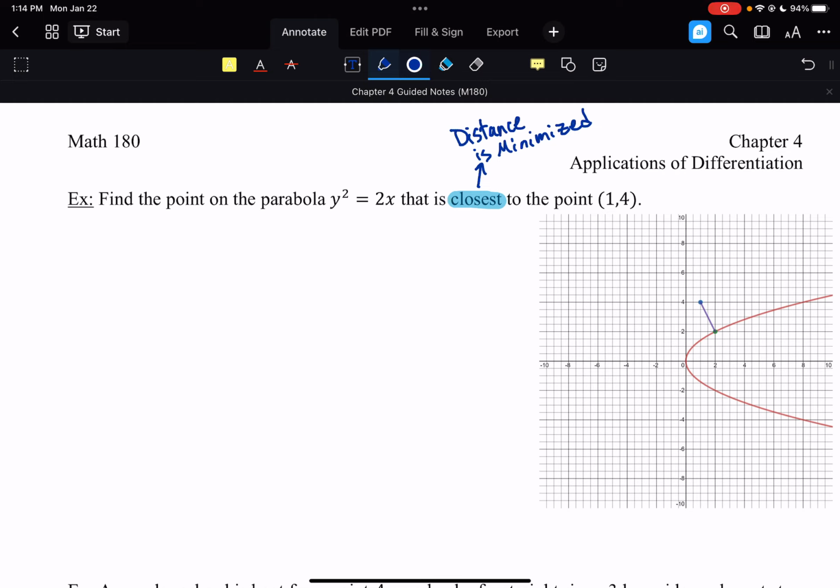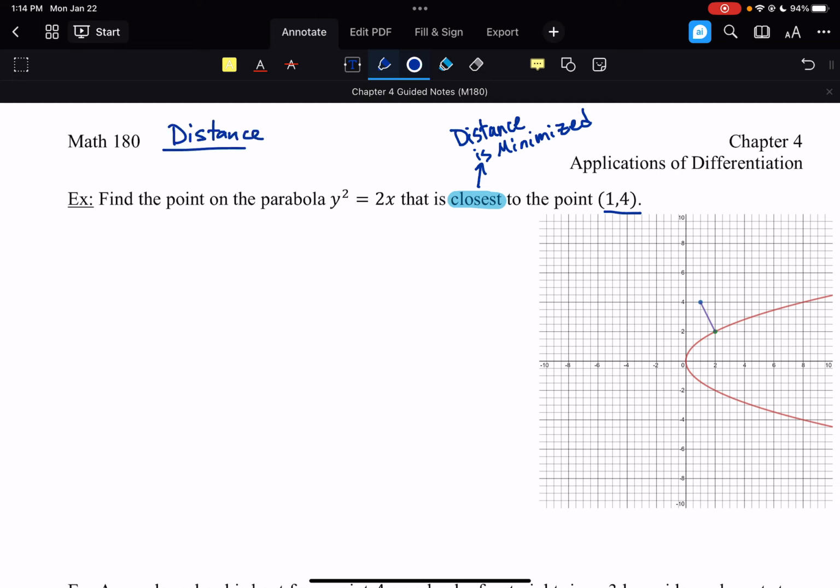So we would start off by using the distance formula between this point and some unknown point on this graph. I'm going to put it up here just because this problem does take up a bit of space.